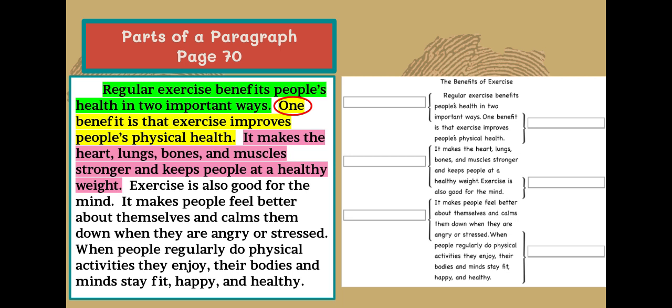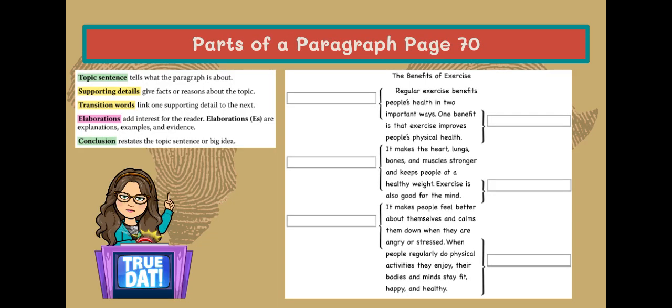Let's label this paragraph correctly. Over here, we're going to put our topic sentence at the very top on the left-hand side because that's how it's marked. We already know that this is a supporting detail, that this is an elaboration.